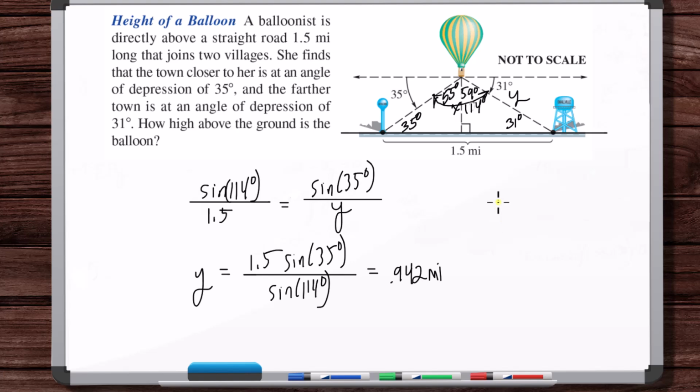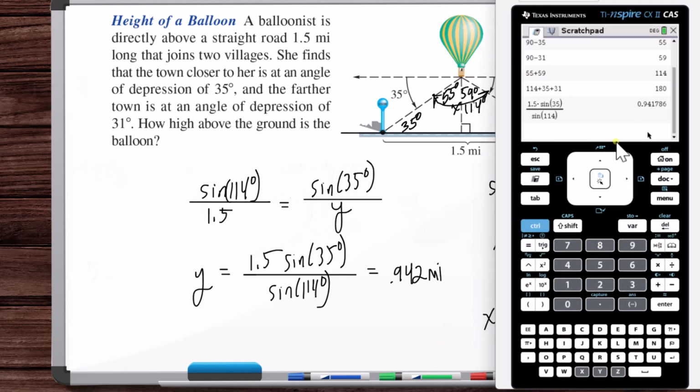Now we see just regular trigonometry here with this right triangle. We see that sine of 31 degrees is equal to what? It's equal to x over that y value we just calculated. So x is going to be equal to y times sine of 31 degrees. So x is equal to sine of 31 degrees, we're in degree mode, times this.